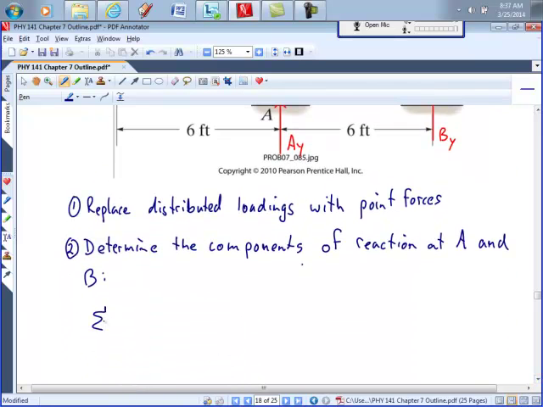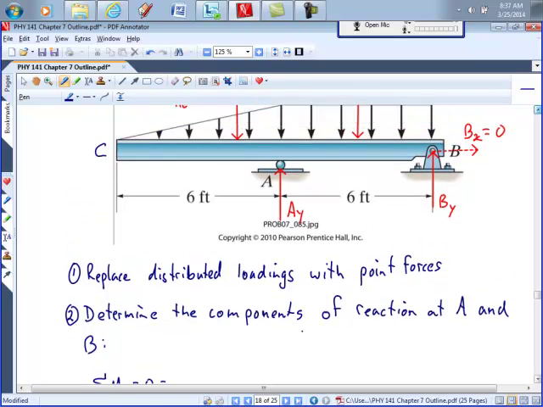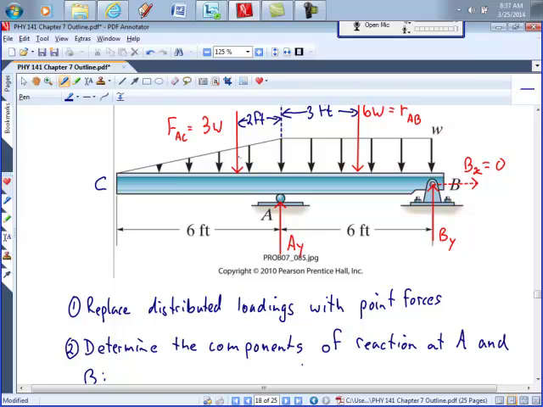So sum of the net moment about A equals 0. If we move from left to right, the first force producing a moment about A is this FAC, which is 3W, and it's 2 feet away from A. So it would be a moment of 6W, and would it be positive or negative? Positive, because it's counterclockwise.